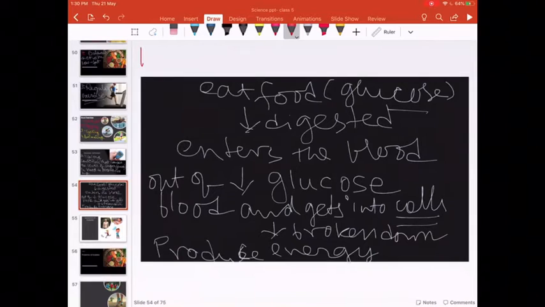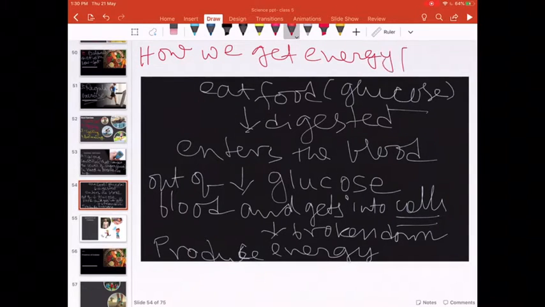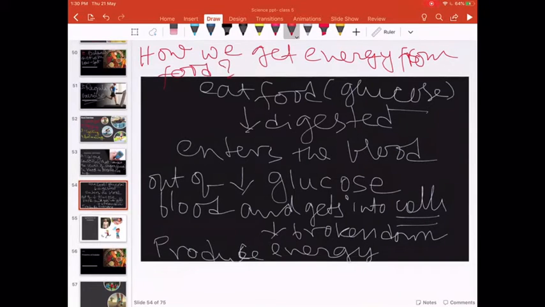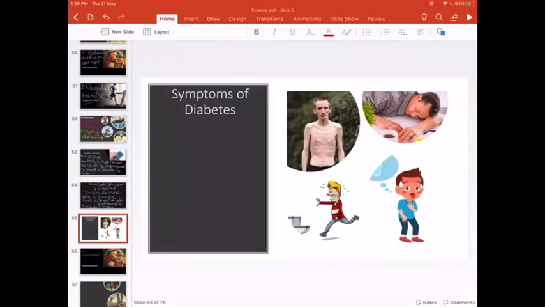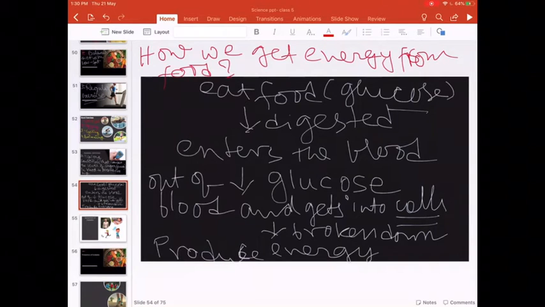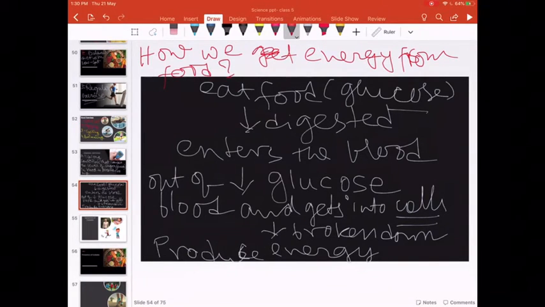So you can see it's a description of how we extract energy from food. Extract means draw, মানে কি করে আমরা ফুড থেকে এনার্জি শুষে বার করি.